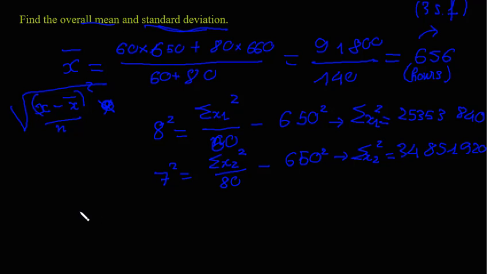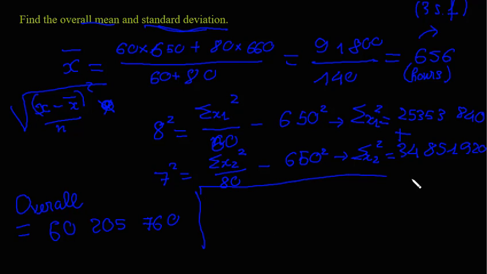From here we take the overall sum of squares, which would be this one plus this one. We would have 60,205,760.